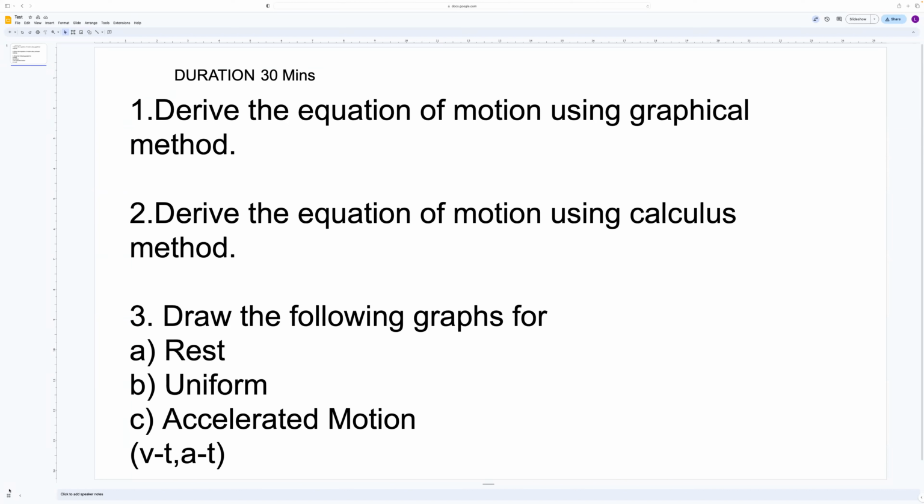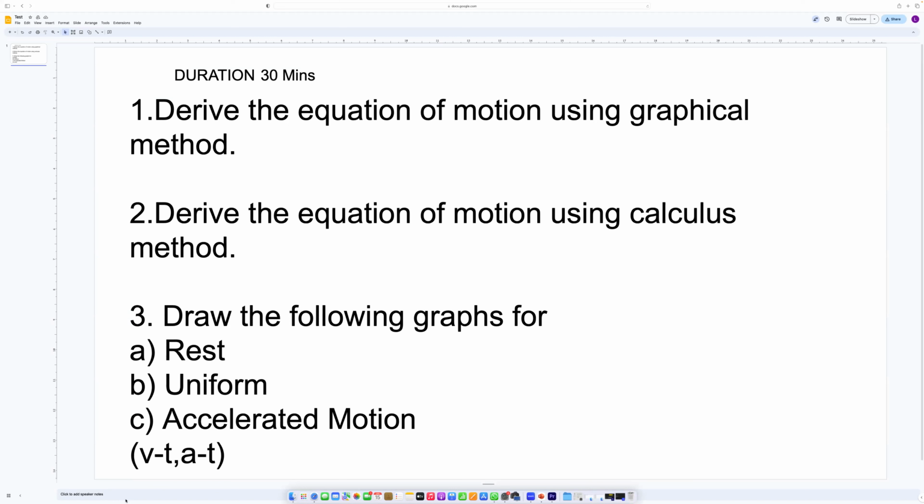Excuse me, sir. Can you hear me? Yeah, tell me. Sir, the graphs for rest, uniform, and accelerated motion, you are given down below: V-T and A-T.